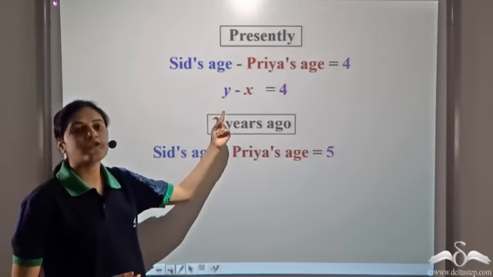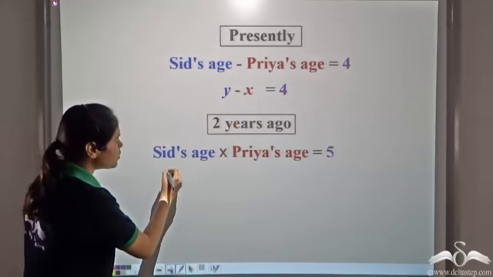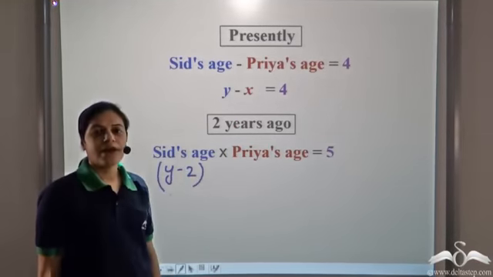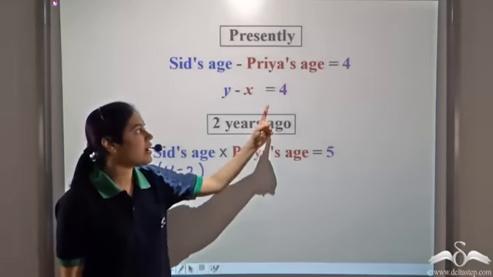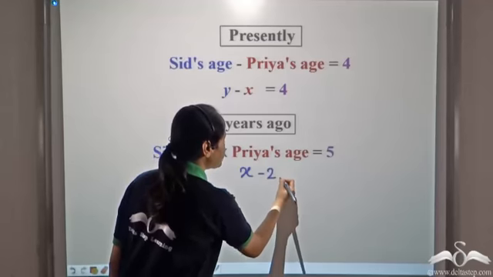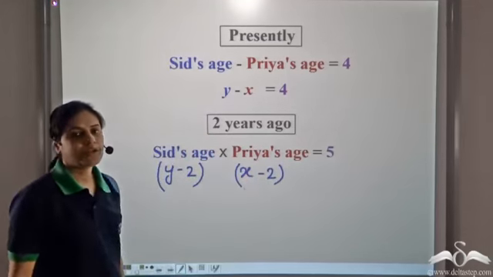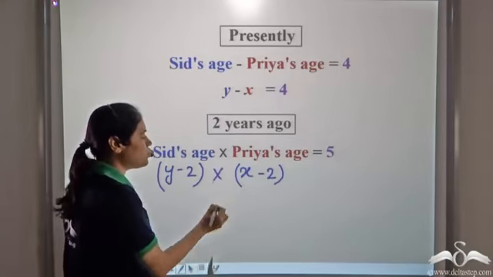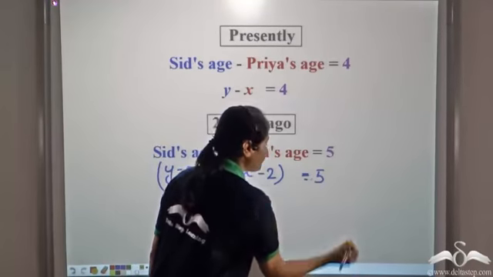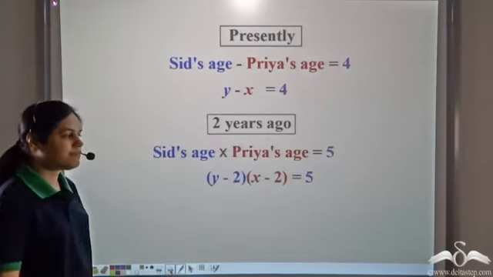If the present age of Sid is y, 2 years ago Sid's age will be y minus 2. And if the present age of Priya is x, 2 years ago her age would have been x minus 2. So we have (y minus 2) into (x minus 2) is equal to 5. This is what we have.